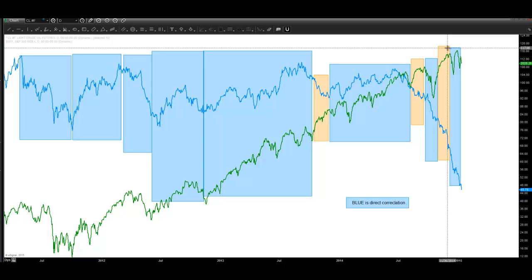So we are technical traders. We don't believe in the fundamental stuff the way that some believe. And for us, this is very simple. This is a blue correlation, in which most of the time the S&P and oil trade the same side of the market.